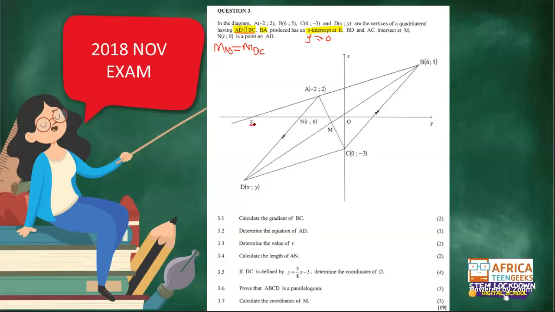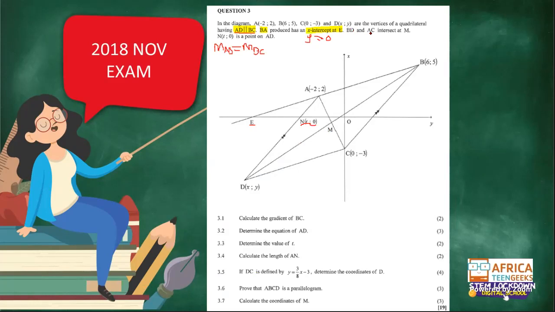Point E is the x-intercept. Which other point? Thank you. Point N, great. So this point is also an x-intercept.